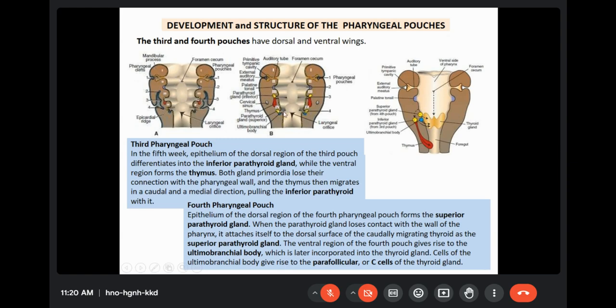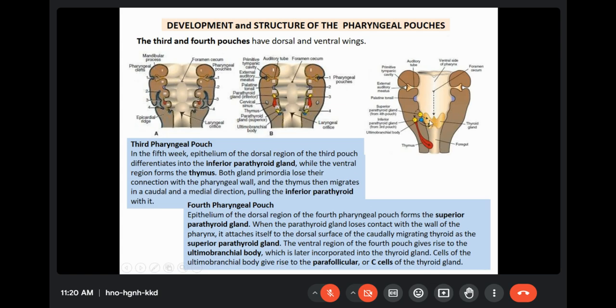The fourth pharyngeal pouch also has an upper and a lower portion. The upper portion will make the superior parathyroid gland, and the lower portion will make the ultimobranchial body, which will be included in the thyroid gland.